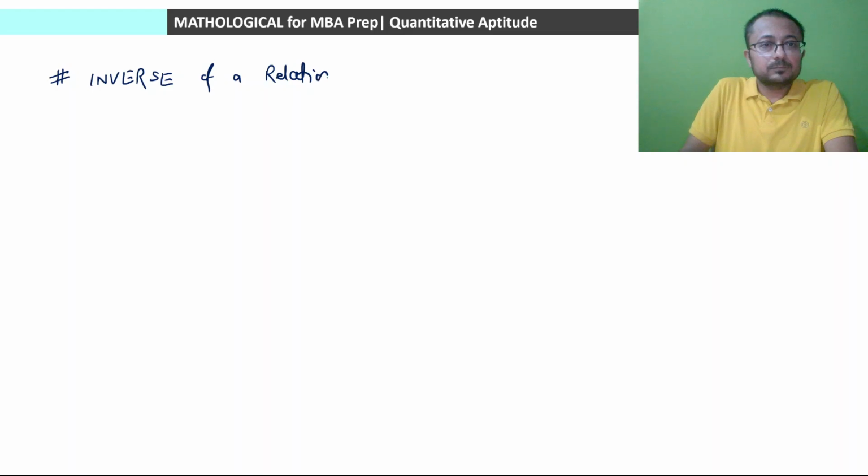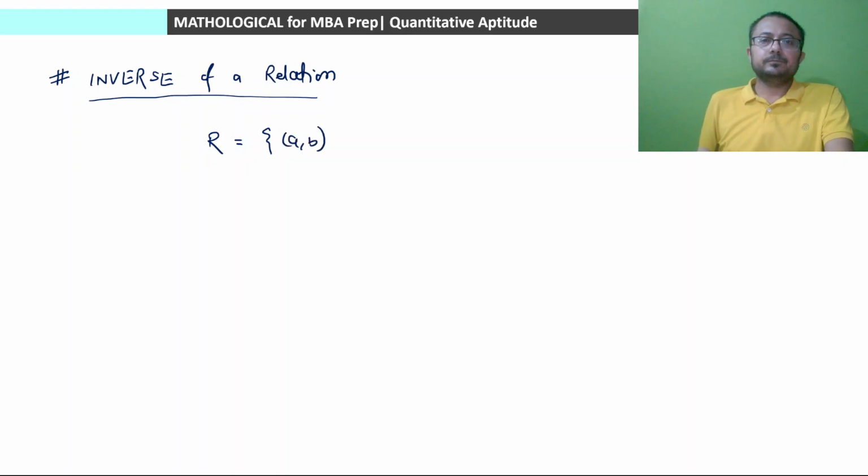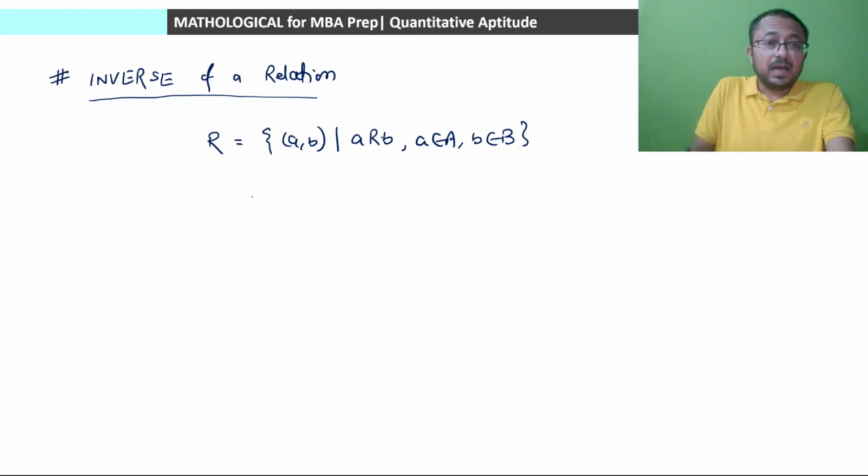Inverse of a relation. Now if we have a set R that is defined as (a, b), such that there is some relationship between a and b, where a is an element of set A and b is an element of set B. In such a case, R inverse, or the inverse of the relation, is equal to (b, a), where a and b are related.